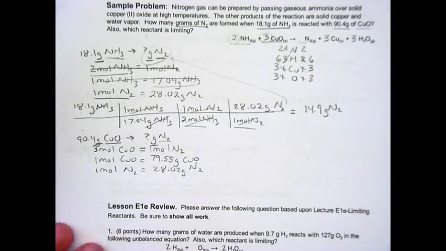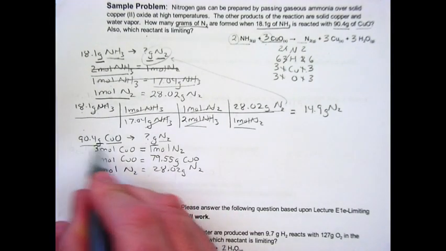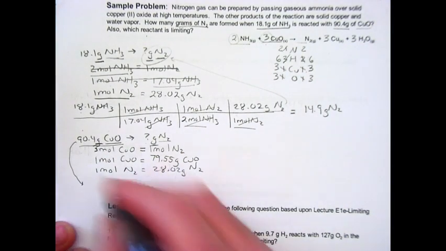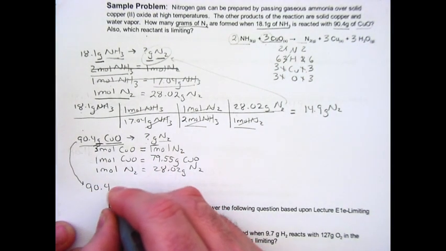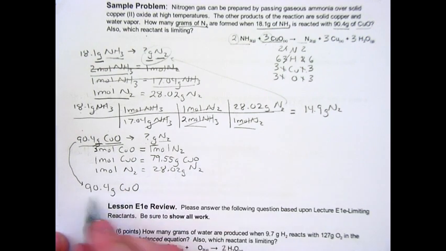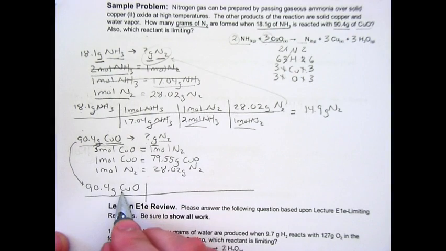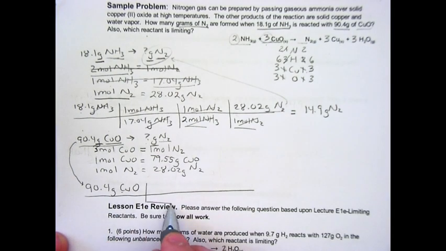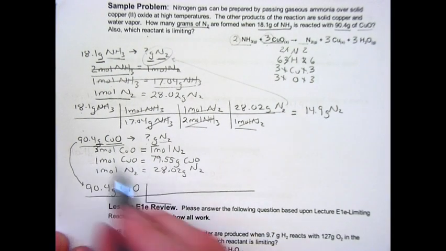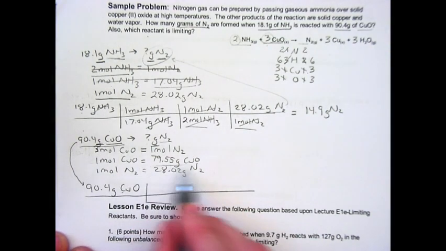Now I go ahead and set up my final grid. I put, as always, the starting point in the top left-hand cell. I have grams of copper 2 oxide there, so I need grams of copper oxide there. So I look for it, and it's right there.